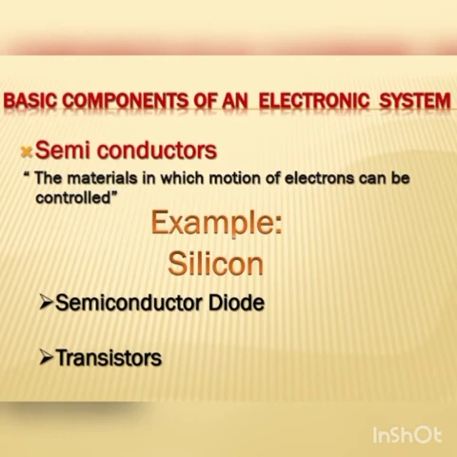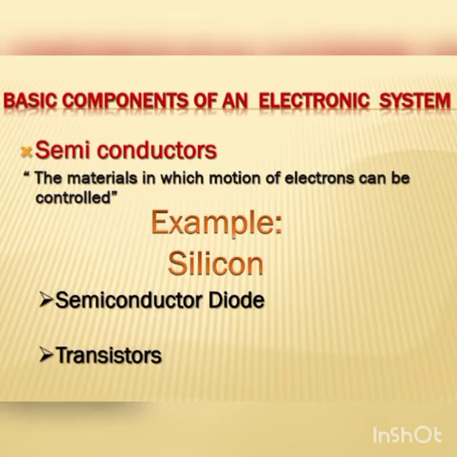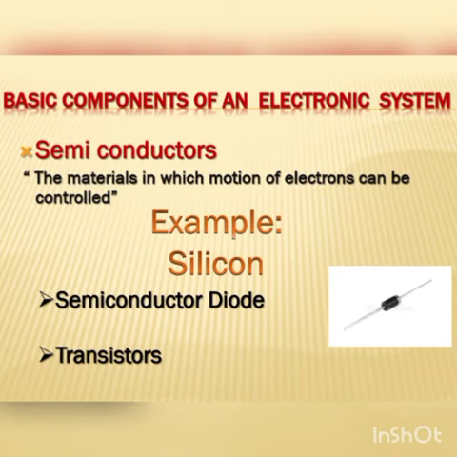Now there are two types that lie in the category of semiconductors. First is the semiconductor diode. Here is the picture of a semiconductor diode. It has two terminals, P and N. A semiconductor diode is a device in which electric current can flow in one direction.